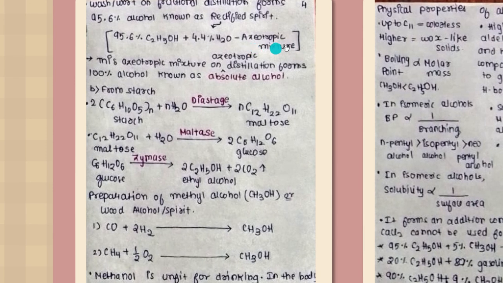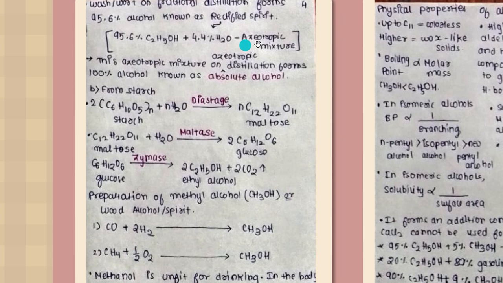Azeotropic mixtures, we will see in the chapter on solutions. For now, you can understand that azeotropic mixtures are mixtures which boil at the same boiling point for both the solute and solvent in a solution. As we know, alcohol has a different boiling point and water has a different boiling point.